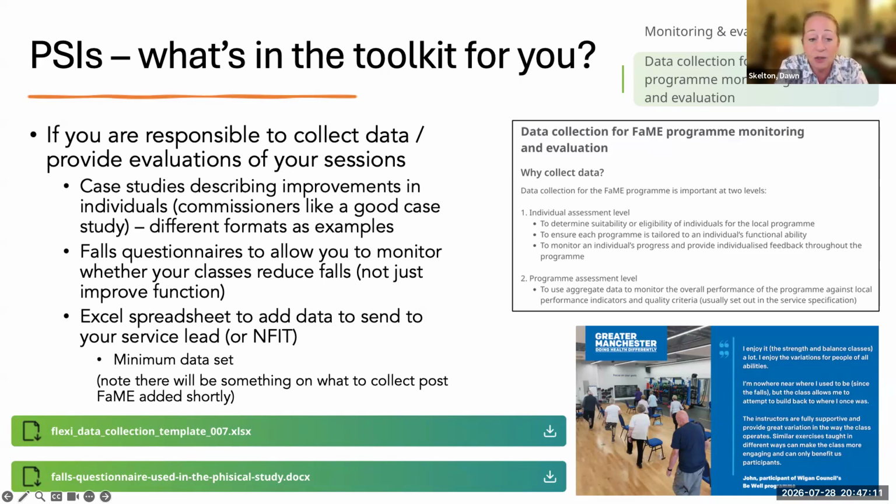There's an Excel spreadsheet which you can download, which has a minimum data set for you to complete to show that you're making a difference with your classes to each individual. And note that in future there will also be something on what you might want to collect post-FaME, say 6 months later, to see the longer term effects of their involvement in your classes and sessions.